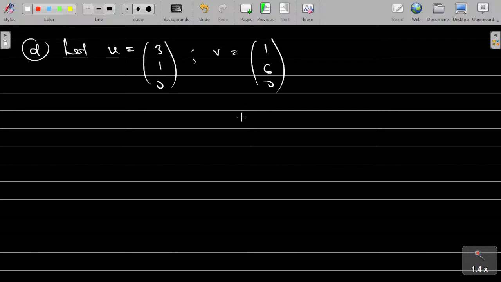And then it says describe the set spanned by U and V. And I says explain why a vector W is in span UV if and only if set UVW is a linearly dependent set. All right, so let's see for question I, which says describe the span of U and V.